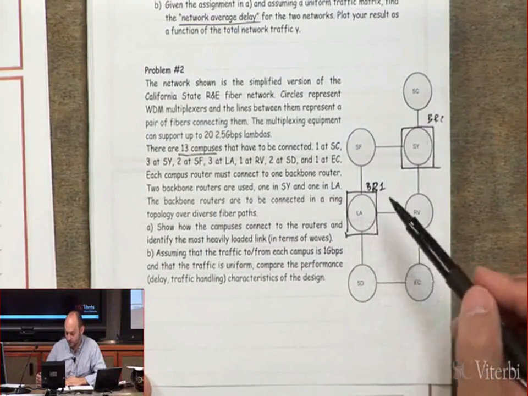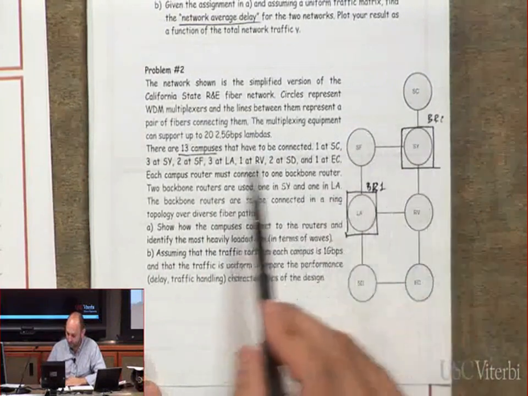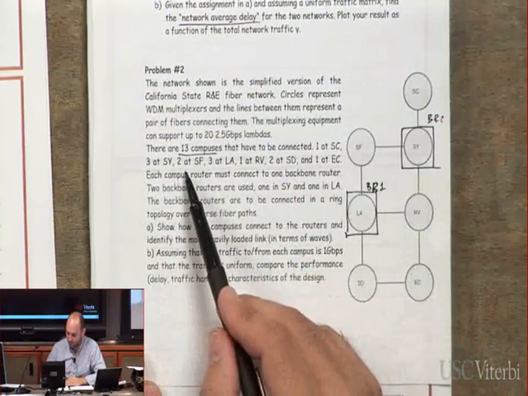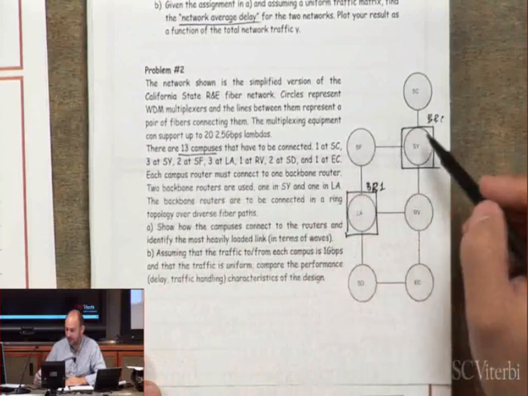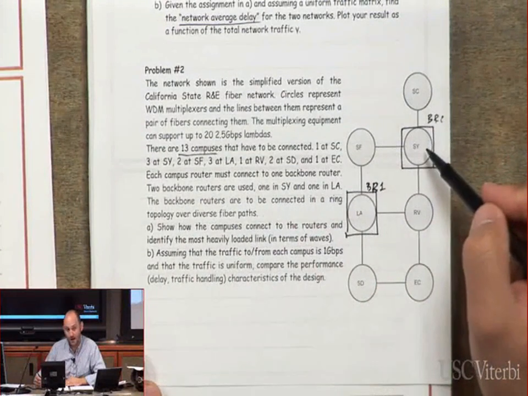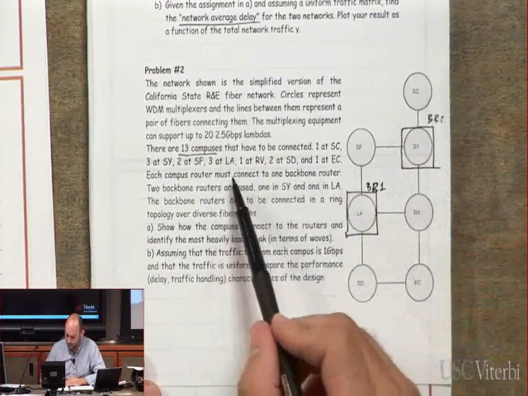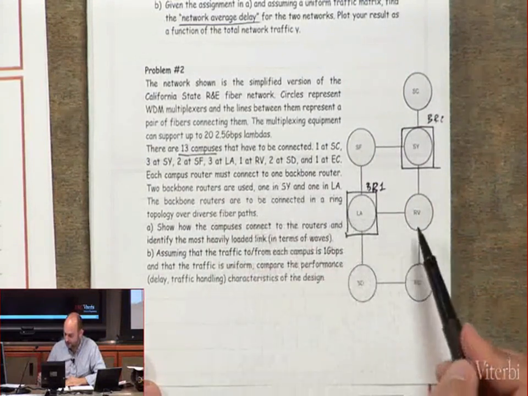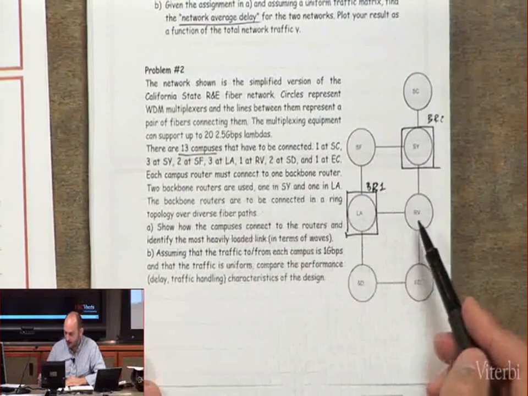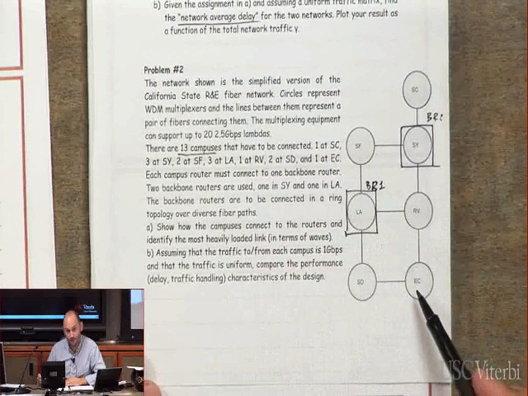Okay? So SC belongs up here. SY belongs north, SF belongs to north. So 1, 5, 6 are connected to SY, and 7 are connected to LA. Or we can do the opposite. 3 to SF. We have 3 at LA, 3 here, 1 RV, 4, 2 San Diego, 6, and 1 at EC.